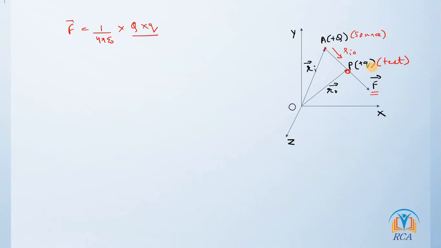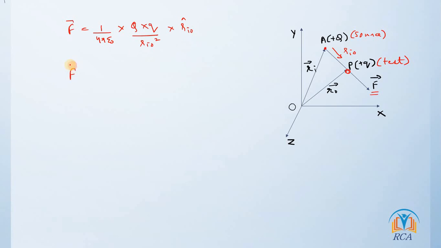Ri0. I have told you this particular part when we did electric charges as well. This is how we represent the notation. This is going to be equal to Ri0 square multiplied with the Ri0 unit vector. That will give you the direction.